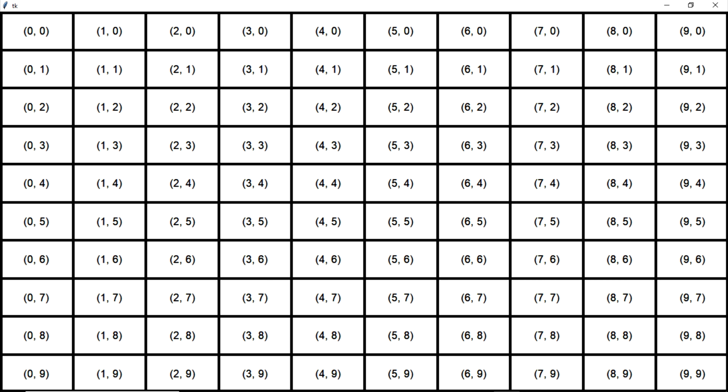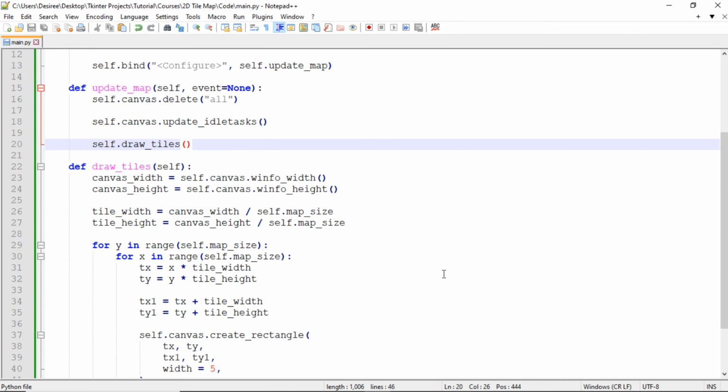So we're now going to display the coordinates for each tile. The coordinates are going to be displayed as text, so we'll be using the create_text method. And that method works similar to how create_rectangle does, except instead we just pass in one XY coordinate instead of 2. And that coordinate is going to be in the middle of the tile.